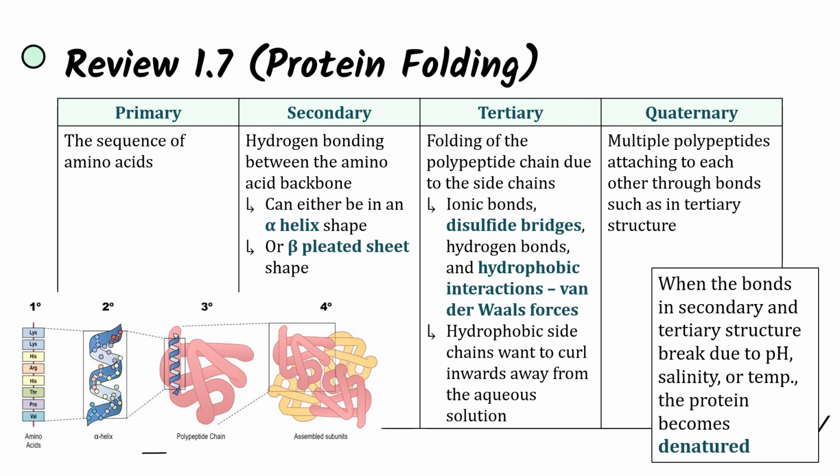The hydrophobic side chains want to curl inwards away from the aqueous solution. So this really small attraction force is called a hydrophobic interaction or a van der Waals force. It's literally just due to the random movement of electrons and because those nonpolar amino acids are in such close proximity to each other. And this gives us our tertiary structure, the polypeptide chain, all folded up because of the side chains.